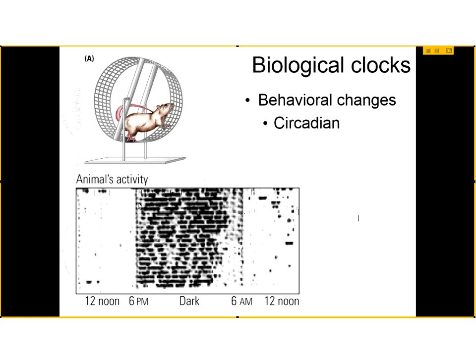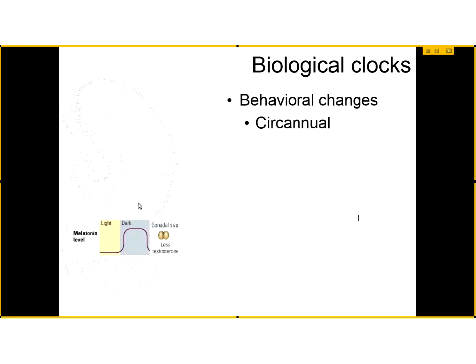Now, in addition to daily rhythms, we see changes that occur across the year, which we call circannual rhythms. These can be controlled by the amount of light or dark available in the environment.